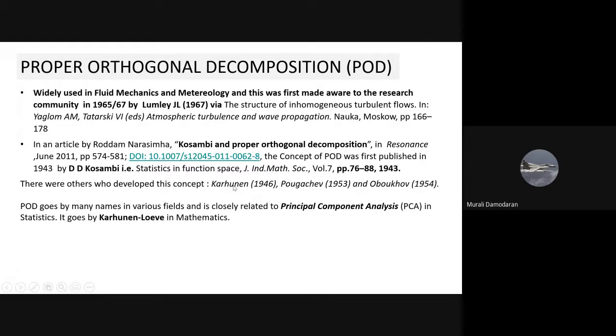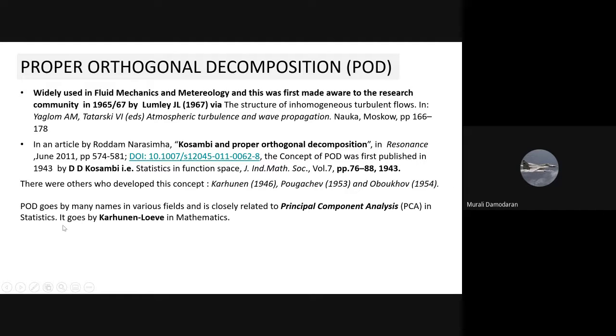I do not know how many of us really know a lot about him, but he is an interesting person if you read about him. He was the first one to show the concept of POD, published in 1943 in this journal. And there were others who developed a similar concept independently: Karhunen in 1946, Pougachev, Obukhov, and various others.